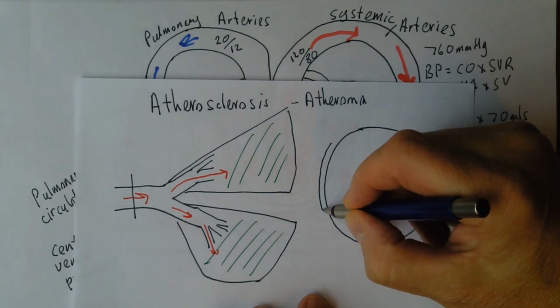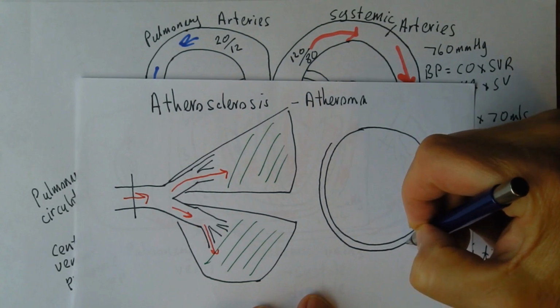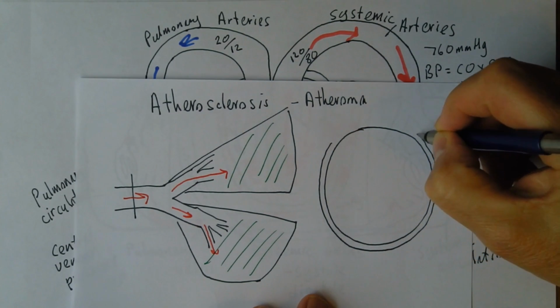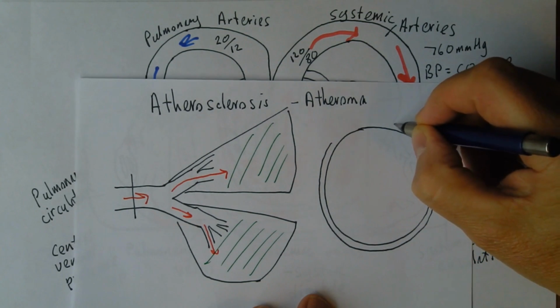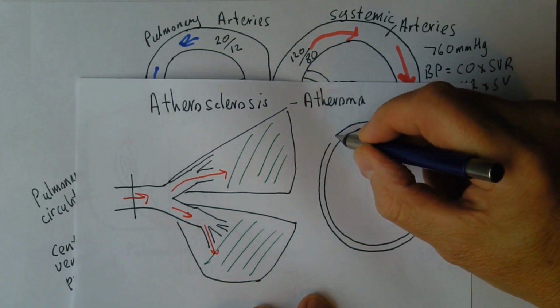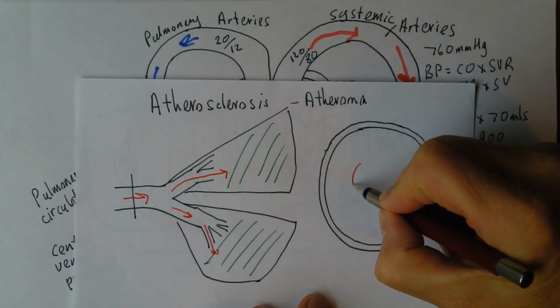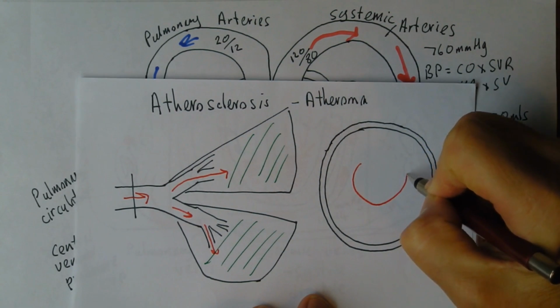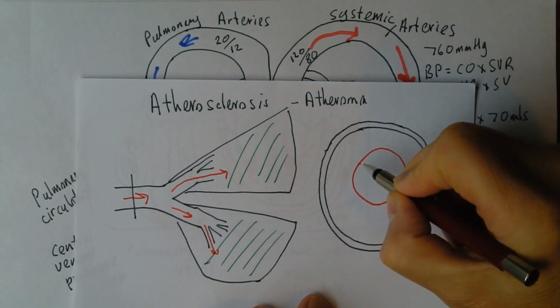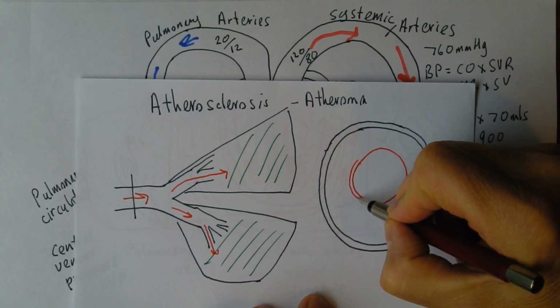There's an outer layer, the tunica adventitia, or the tunica externa. And again, this is dealt with in more detail in other videos in this series, on the cardiovascular physiology, the A&P. And there's a thicker middle layer, the tunica media, and there's a thinner internal layer, the tunica intima.